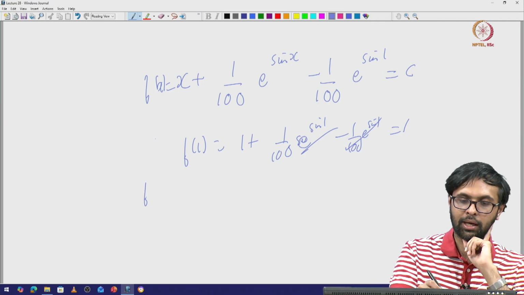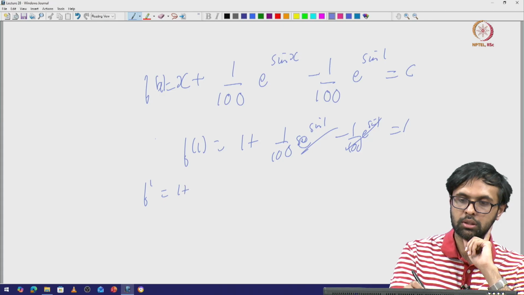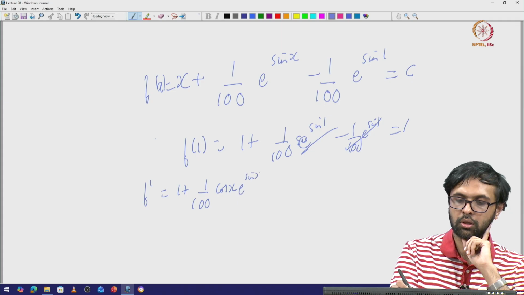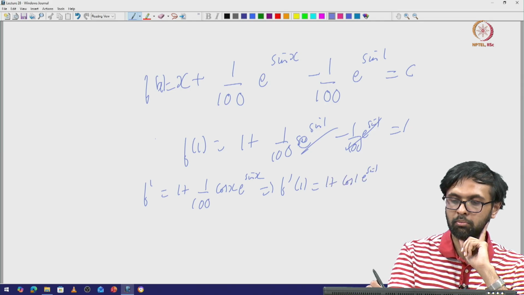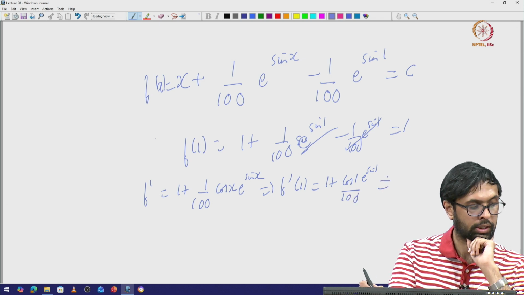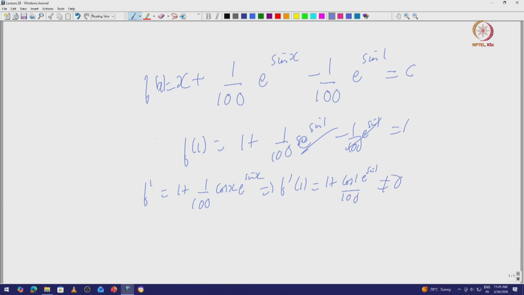And what is f dash? It is 1 plus cos x e raised to sin x. So f dash of 1 is 1 plus cos 1 e raised to sin 1 by 100, which I claim is not 0, because 1 radian is roughly 57 degrees. So this is positive, right?